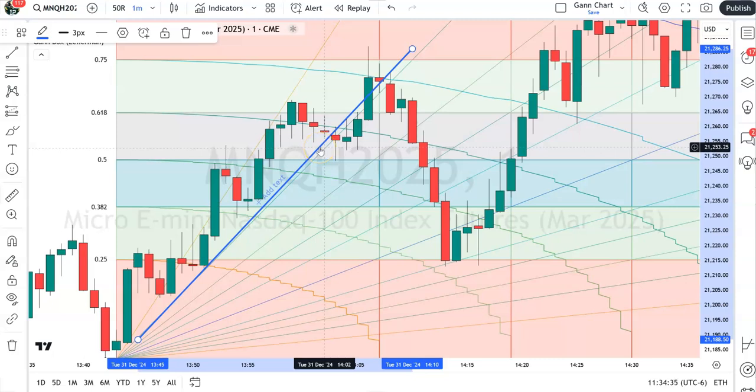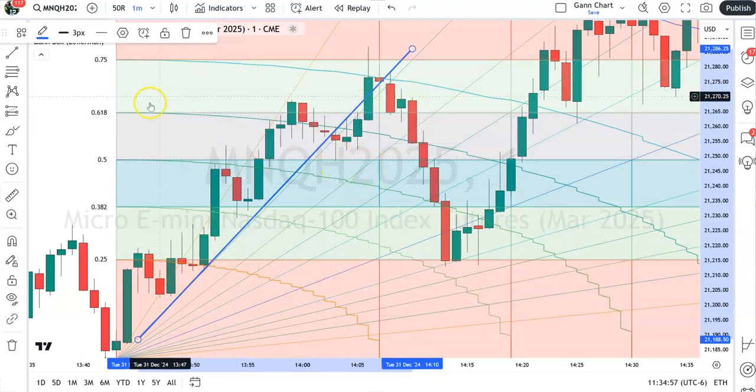Okay? And it's not a subjective line I've drawn. This line was drawn and generated simply on mathematical principles. Okay? No subjectivity. And look at how it's respected it on the way up. Coincidence? No. You'll find this time and time again on this.